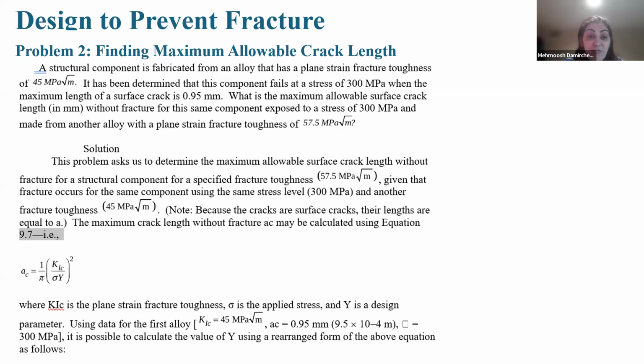When we say fails, definitely it is sigma C, when the maximum length of the surface crack, A, is 0.95 millimeter. What is the maximum allowable surface crack length in millimeters without fracture for the same component exposed to a stress of 300 megapascals and made from another alloy?